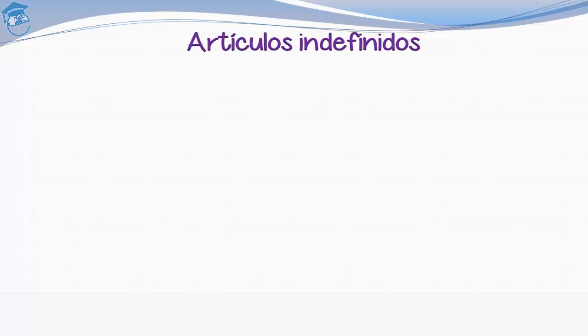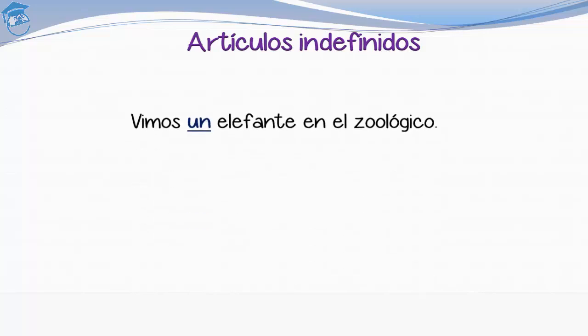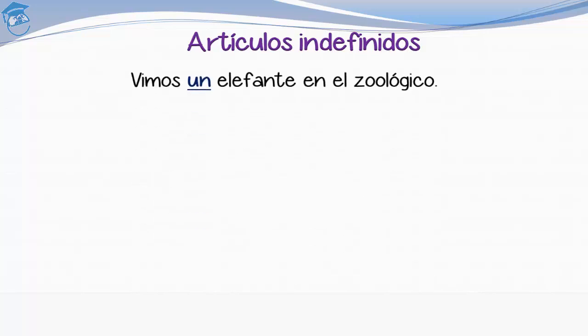Mira esta frase. Vimos un elefante en el zoológico. We saw an elephant in the zoo. Here we're just talking about an animal, a category of animal. If you don't want to say something very definite or determined, you use the indefinite articles, los artículos indefinidos.